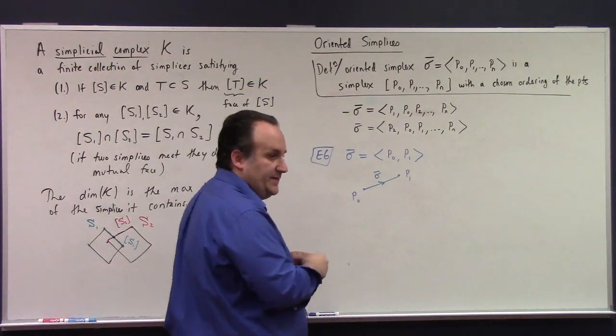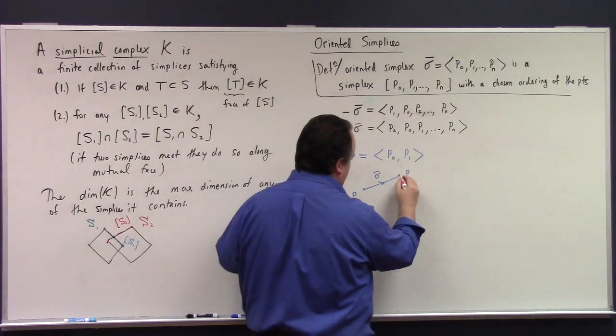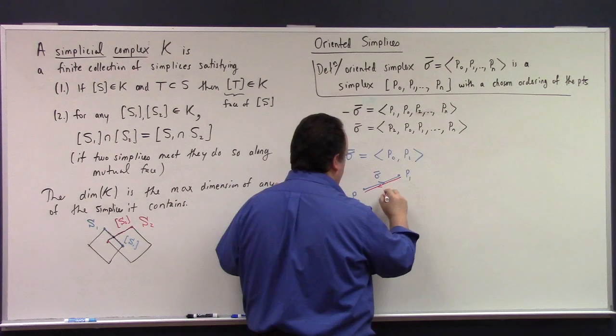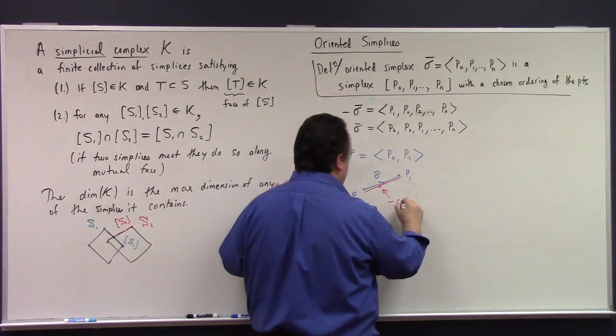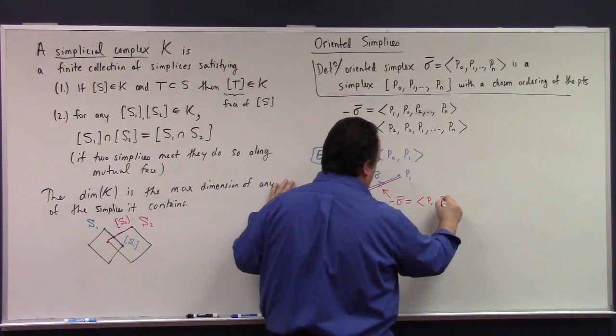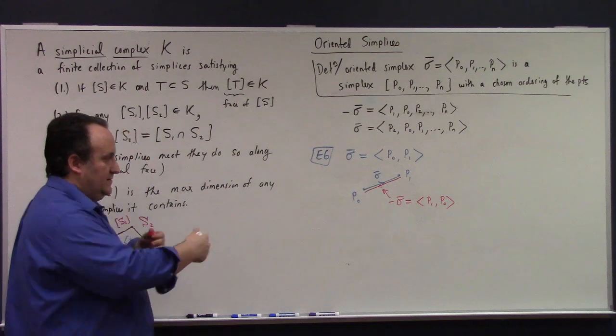On the other hand, if I wanted to think the other way, that would be minus sigma bar, which would be [P1, P0], because it goes the other way.